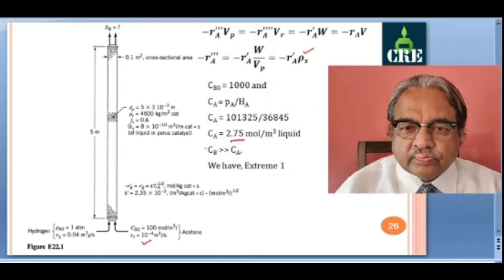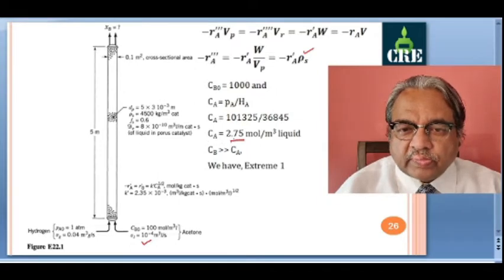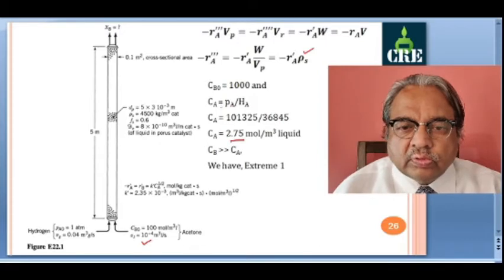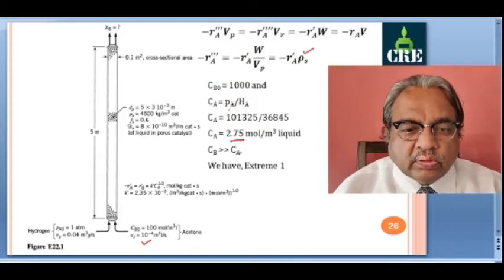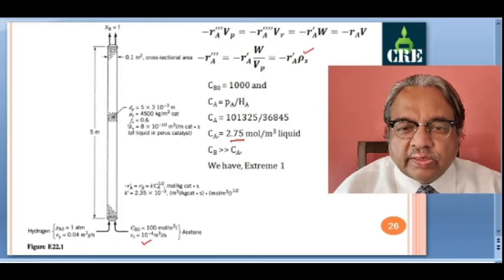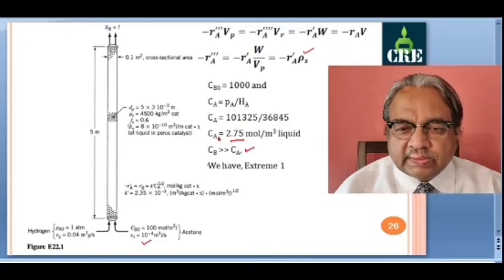So here Ca is 2.75, which is Pa by Ha, and this is the initial condition. So we can say this is the Ca0 value. You can see Cb0 is 1000 and this is only 2.75.